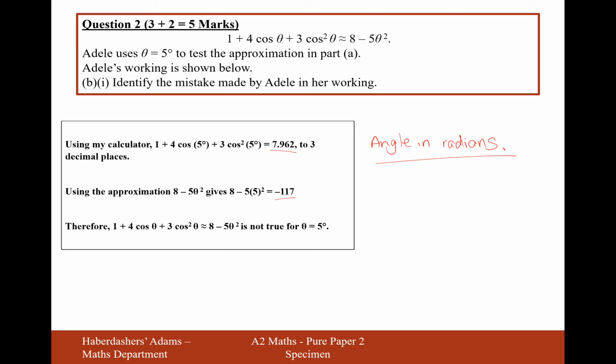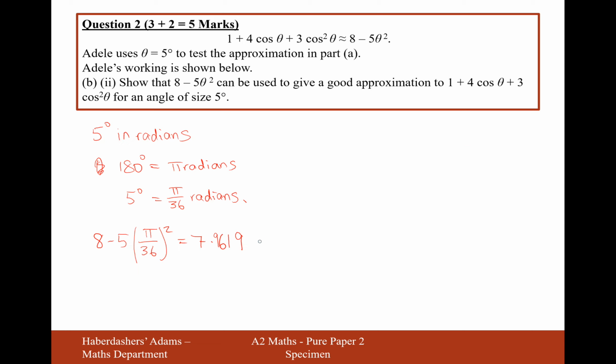And what did Adele have before? Adele had 7.962, which is remarkably similar to what we've got here. That's a pretty good approximation. So there we are, that's the answer to this question. We've approximated 5 degrees as 7.9619 to 4 decimal places.